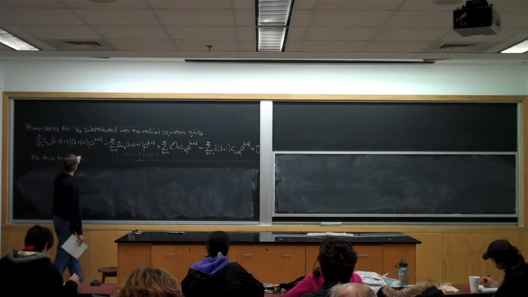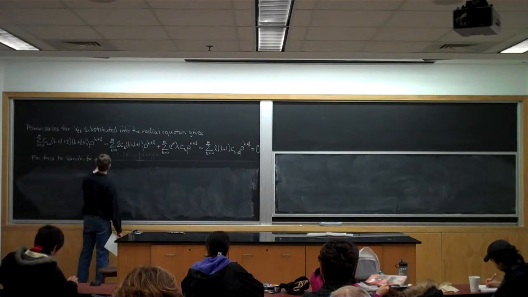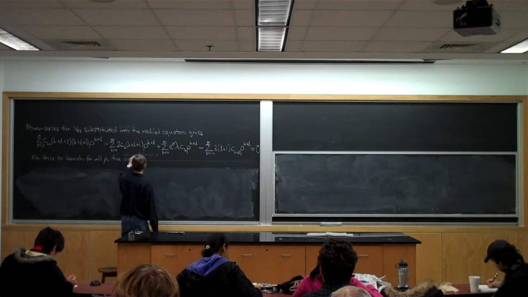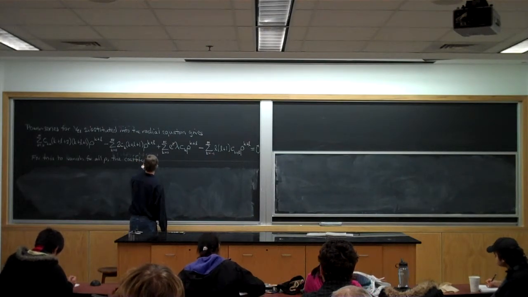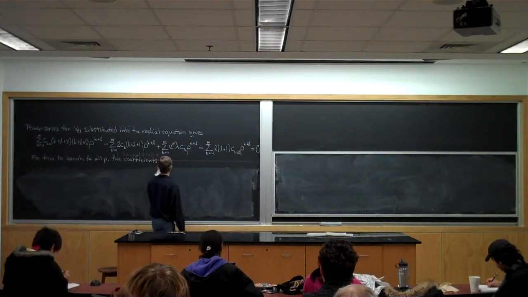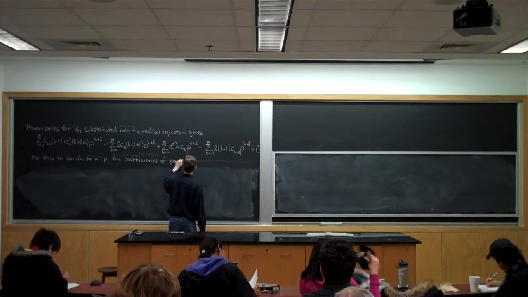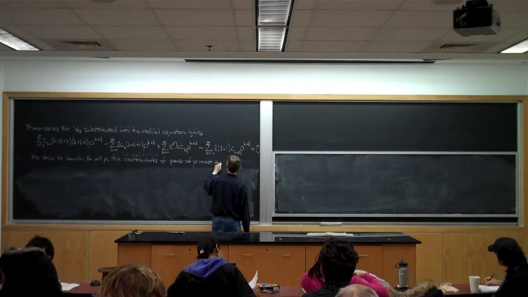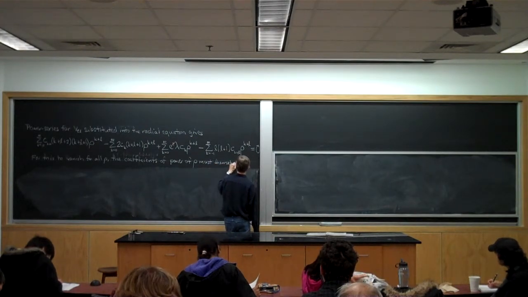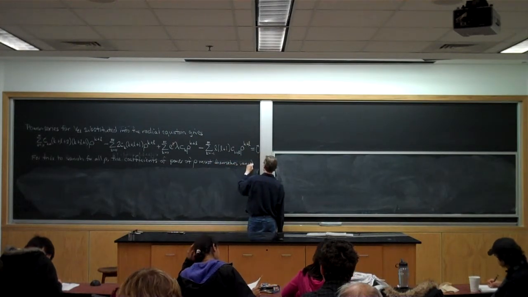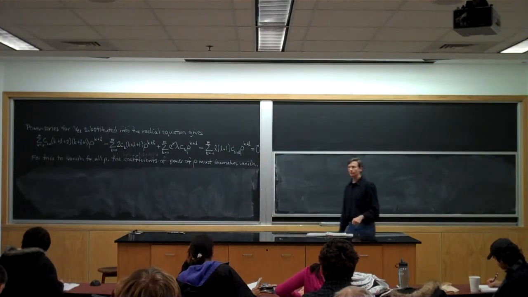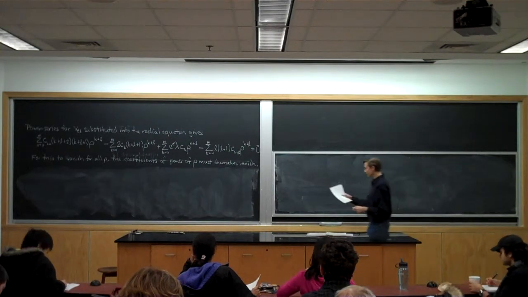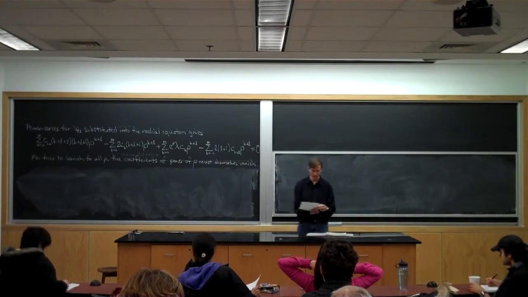So for this to vanish for all rho, coefficients of each power of rho must themselves vanish. That's the only way to do that. So that means we can collect all those things which are multiplying rho to the k plus L and set it equal to 0.